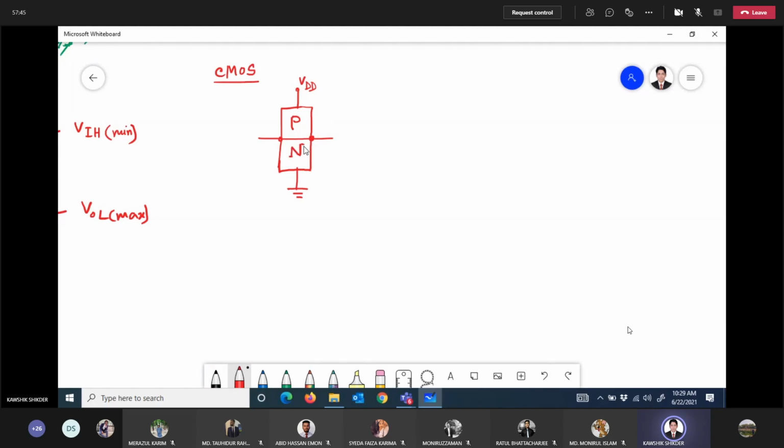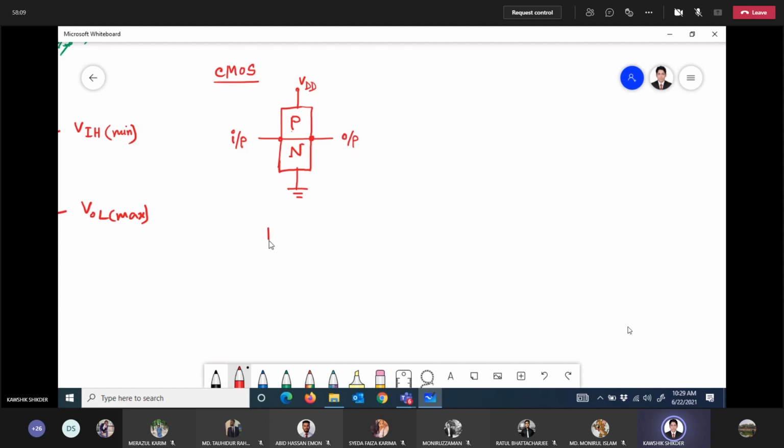So this is fixed. Always PMOS is connected with VDD and NMOS is connected to ground. Got it? This is the input terminal for the CMOS structure. This is the output terminal.